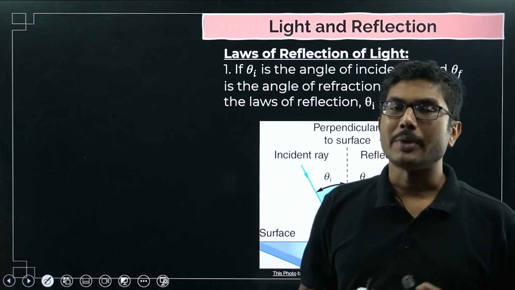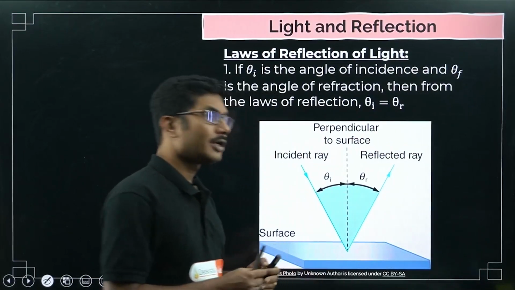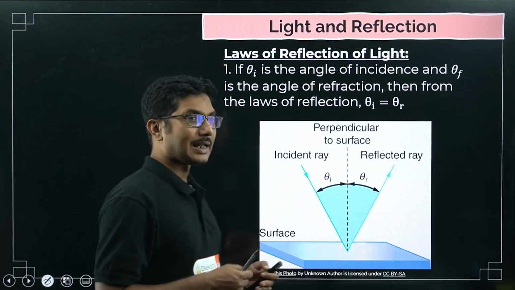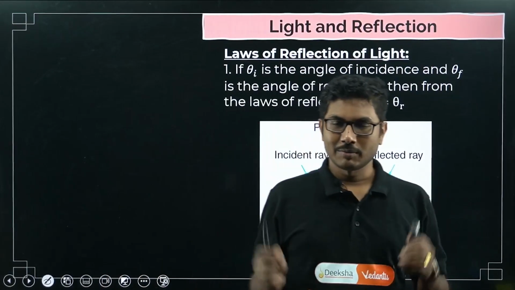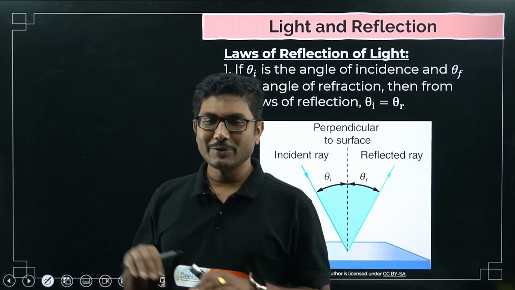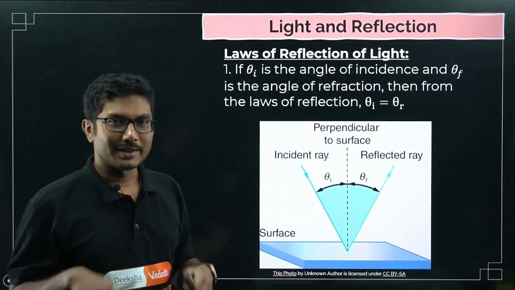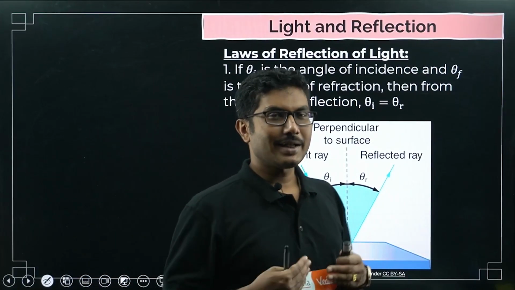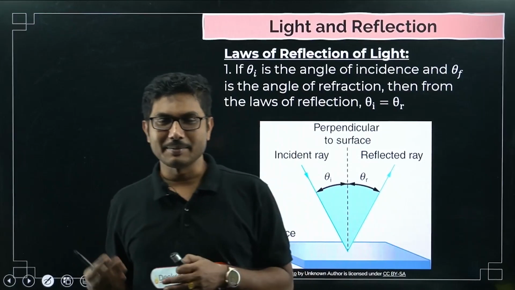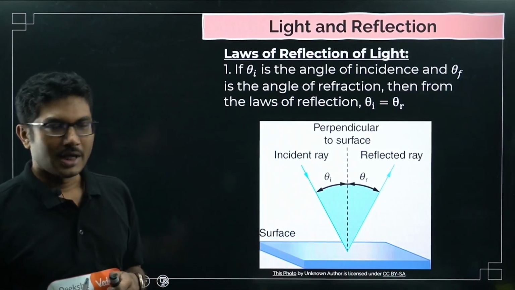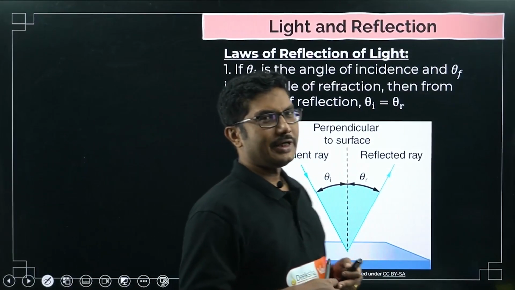Normal means perpendicular. It has nothing to do with normal and abnormal. Generally normal means everything is going okay, but in physics and mathematics, normal means perpendicular. Another name for perpendicular is normal.